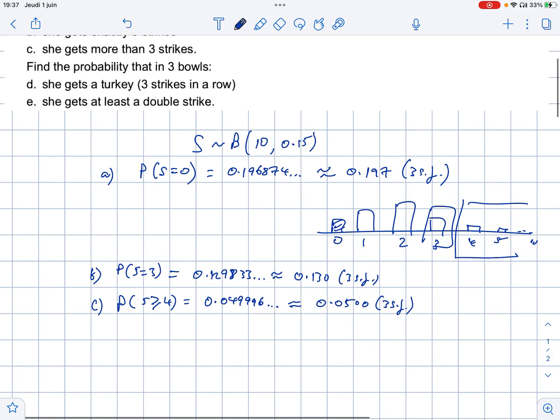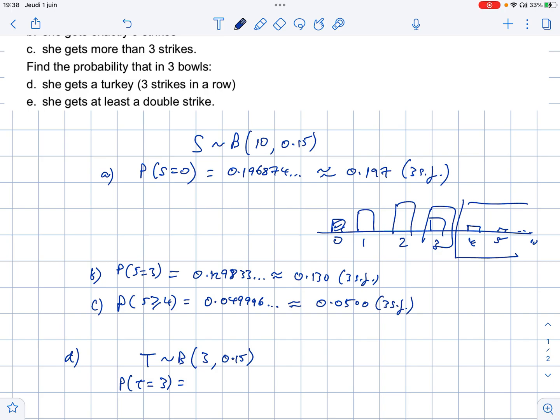Now we want the probability in 3 bowls, so part D, she gets a turkey. Well, if she got a turkey in 3 bowls, you have to get strike, strike, strike. So this is now T, turkey, distributed binomially, 3 attempts and 0.15 for getting a strike, and we write the probability that T equals 3.